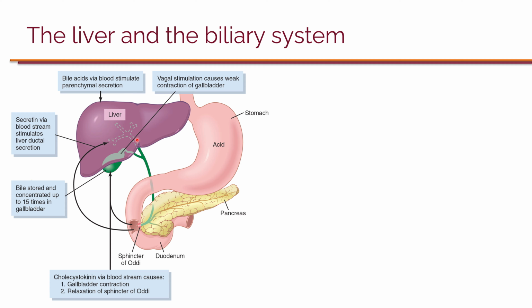Now bile serves as a means for excretion of several important waste products from the blood as well. That includes bilirubin and excesses of cholesterol that are handled by the liver, which are released into the bile. Now, bile essentially gets released into the common bile duct as food comes through the stomach.